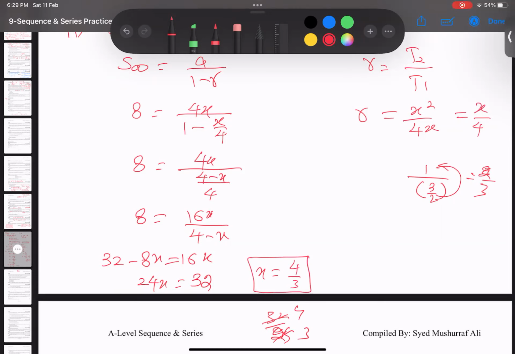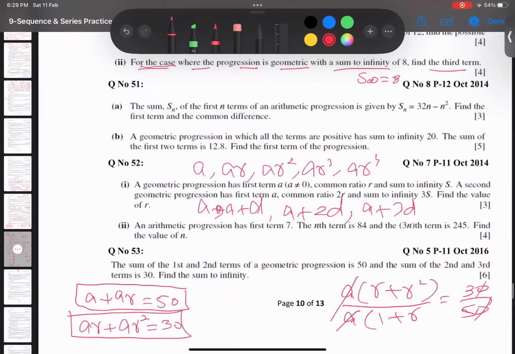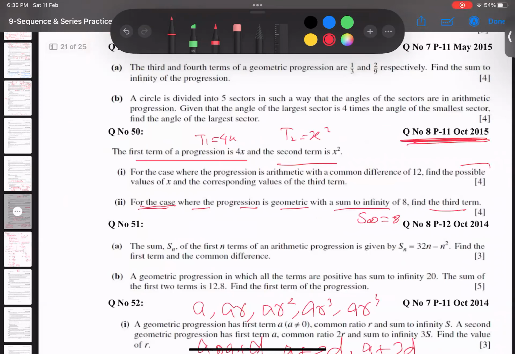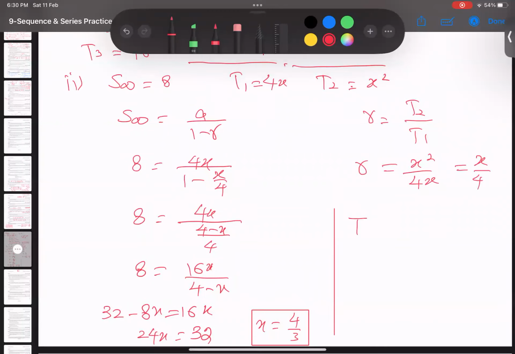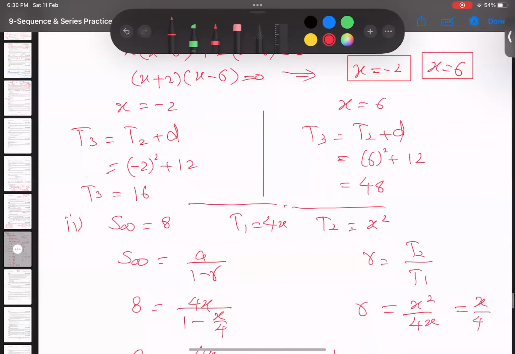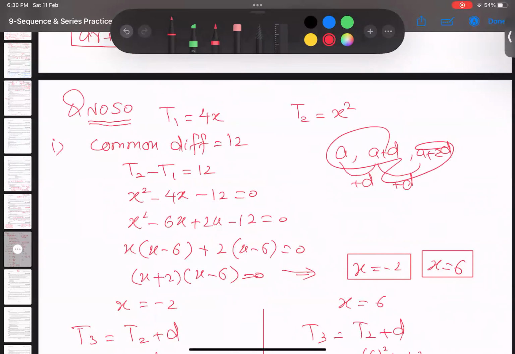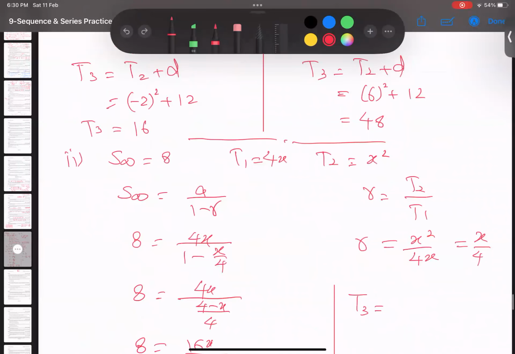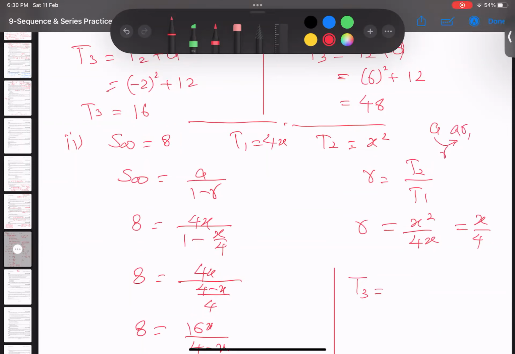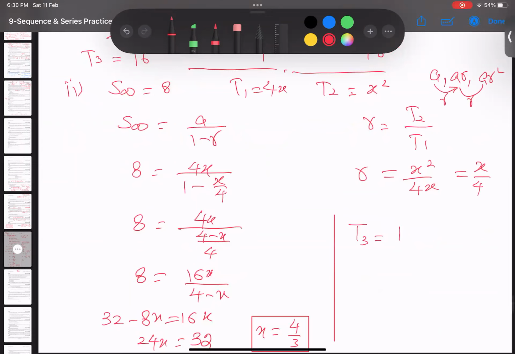This is done. But he is not asking for the x value, he is asking us to find the third term. In a geometric progression we get the next terms by multiplying: first term a times r gives ar, and times r again gives ar squared. So the third term is t2 times r.